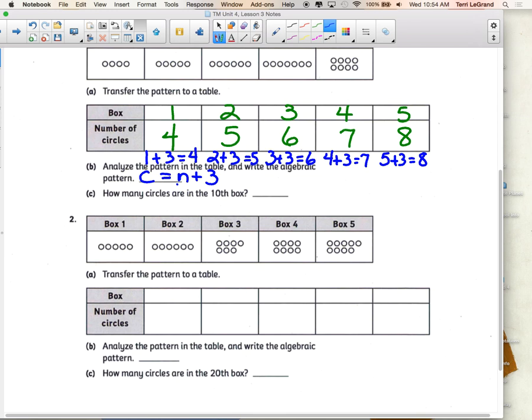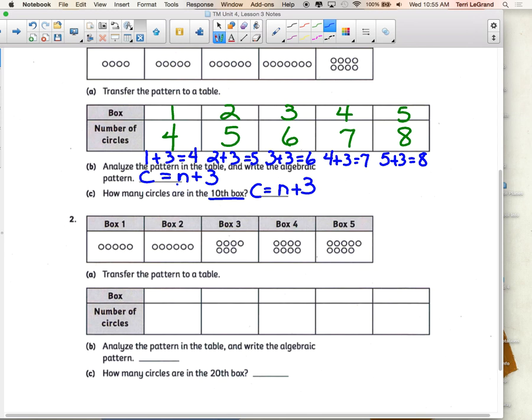Okay, now it says how many circles are in the 10th box. So here's what I want first. I want us to write down our algebraic pattern. Write that down. And now we're going to substitute in, just like we were doing in our warm-up exercise, they say in the 10th box. So what is that 10? Is that our C or is that our N?